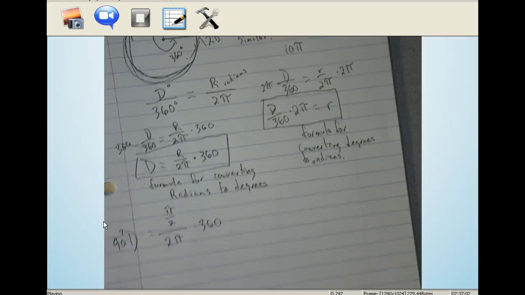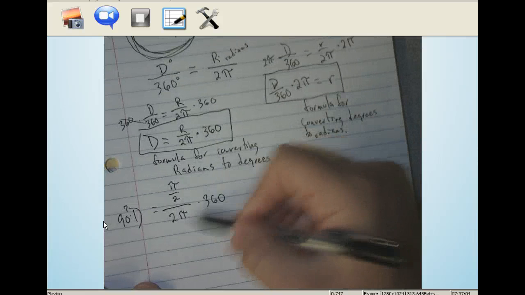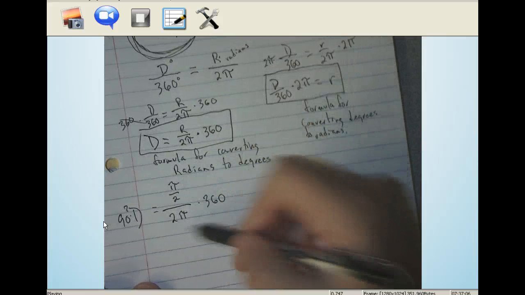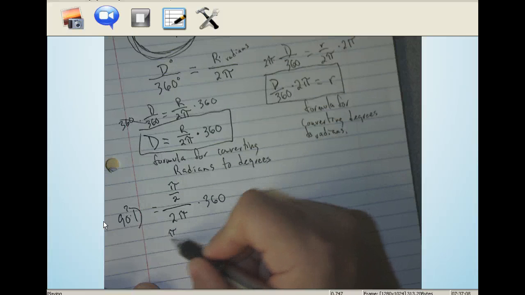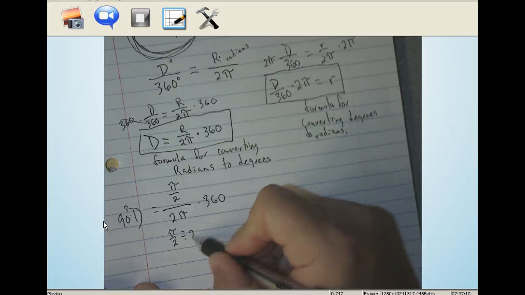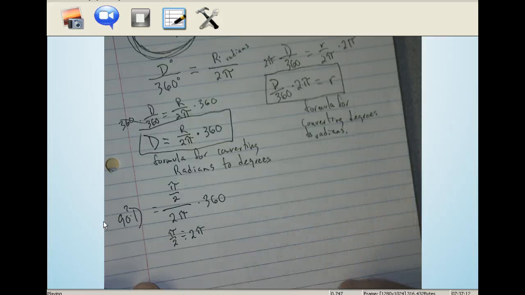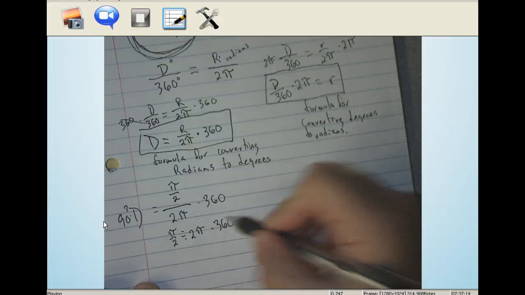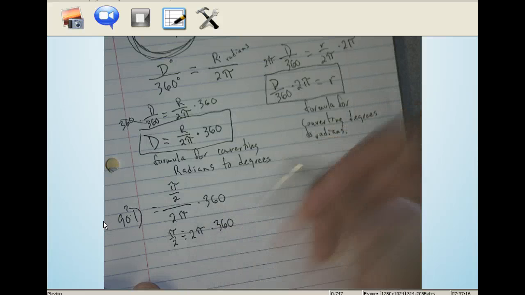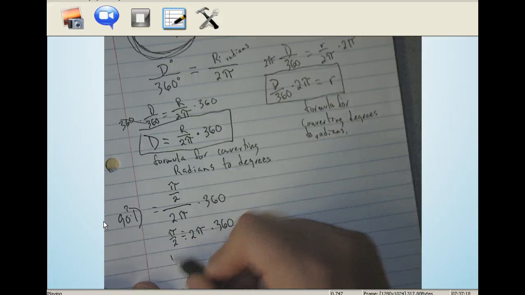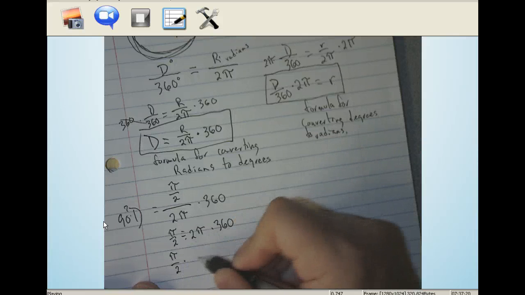Is that 90 degrees? Well, remember how we divide fractions. These are compound fractions. We don't like that. So pi over 2 divided by 2 pi, times 360. Well, what do we do? We invert and multiply. So we end up with pi over 2 times 1 over 2 pi.